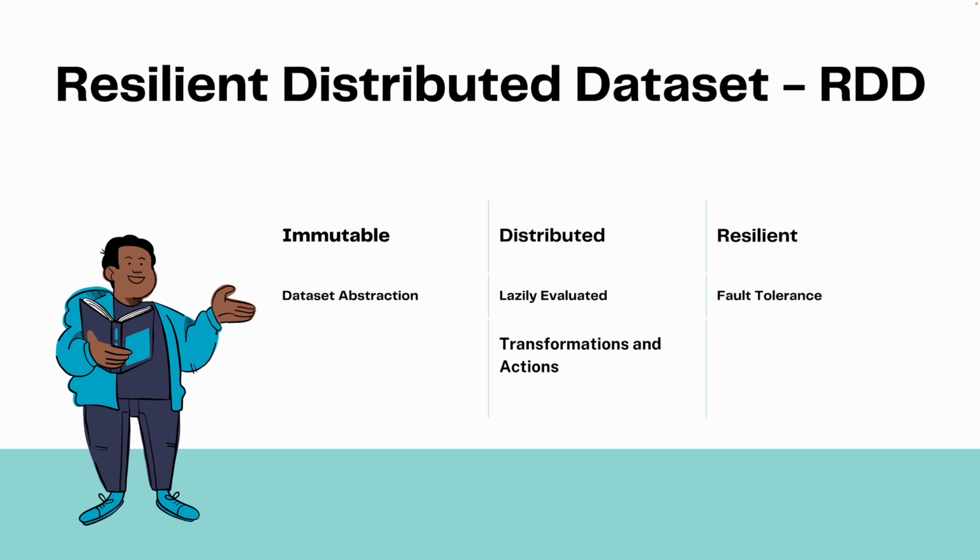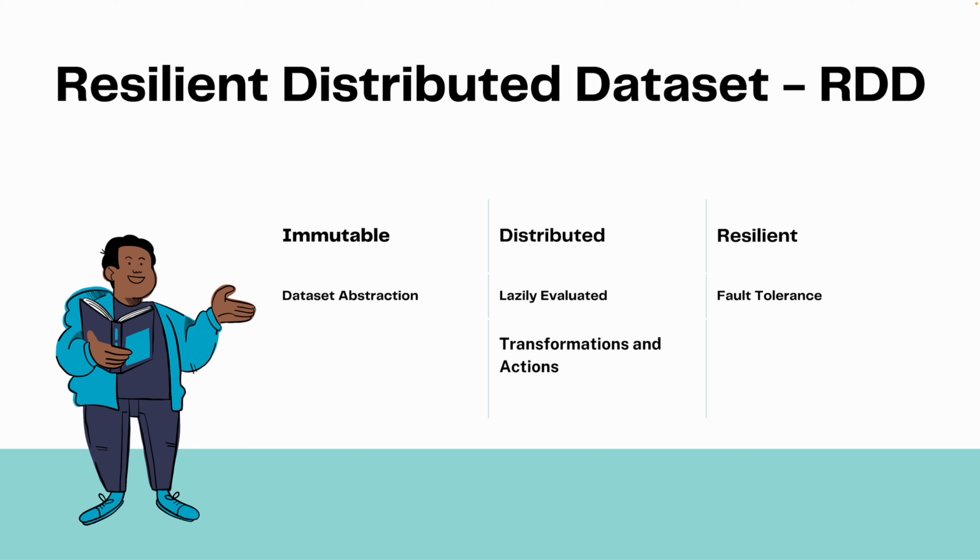Second, it is distributed, of course, because it is distributed across multiple nodes in a cluster, and it allows for parallel computation. It allows data partitioning, where partitions are processed independently and in parallel, leveraging the computing resources of the cluster. Then another key feature of RDD is that it is resilient. RDDs are resilient to failures, and they can recover lost data partitions using their lineage information.